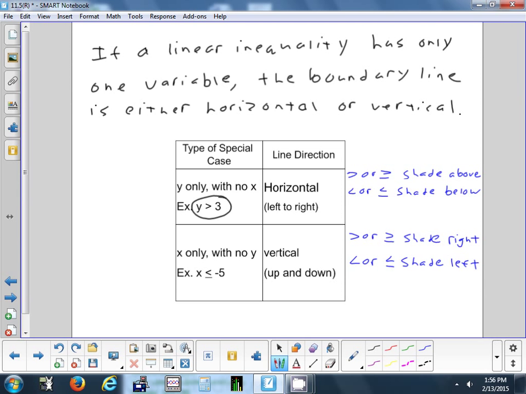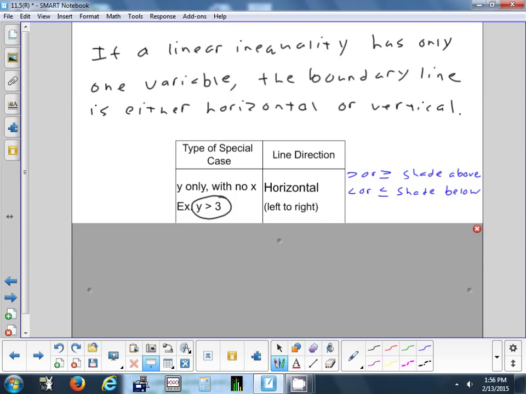Now, if we talk about shading with that, if you've got a horizontal line, can you visualize what's above that line and what's below that line? Yeah, that's easy. Above, up here. Below, down there. So we pretty much use the same rules. Less than or equal, shade below. Greater than or equal, shade above.